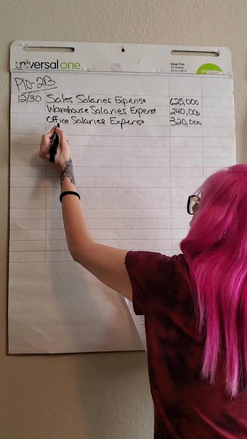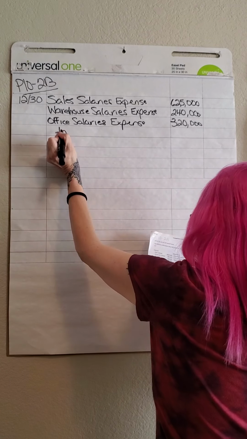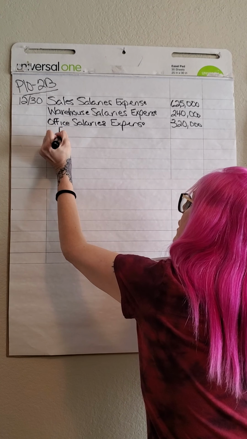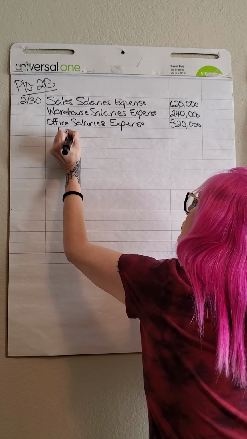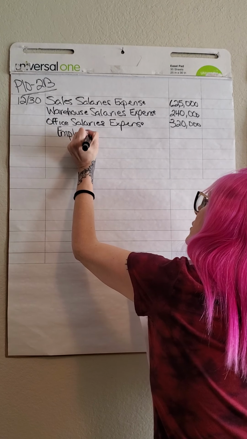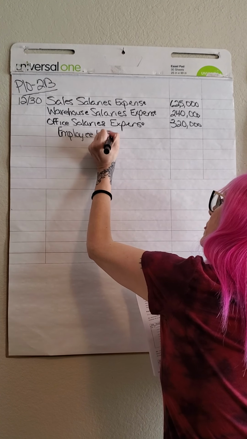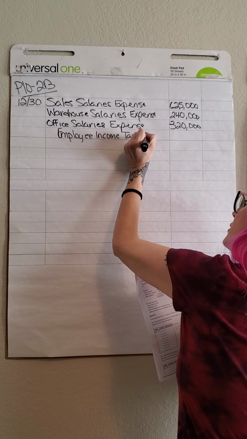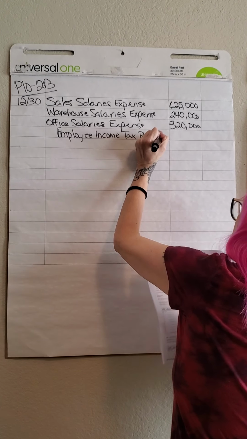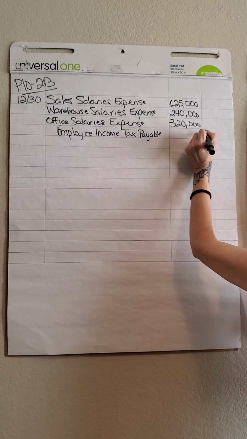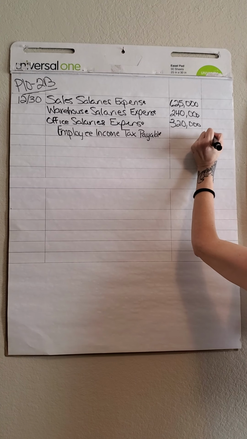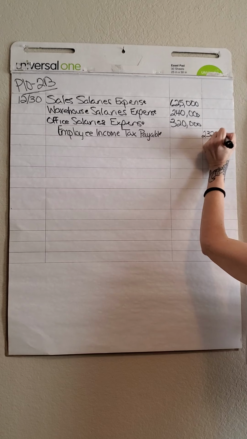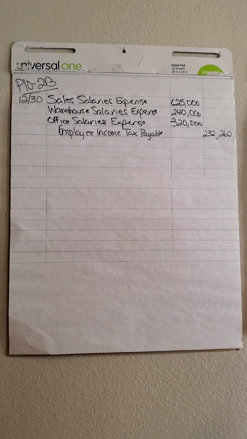So we're going to have employee income tax payable, so that's a liability account, of course. And they've given us this full amount, which is $232,260. So we've got that.